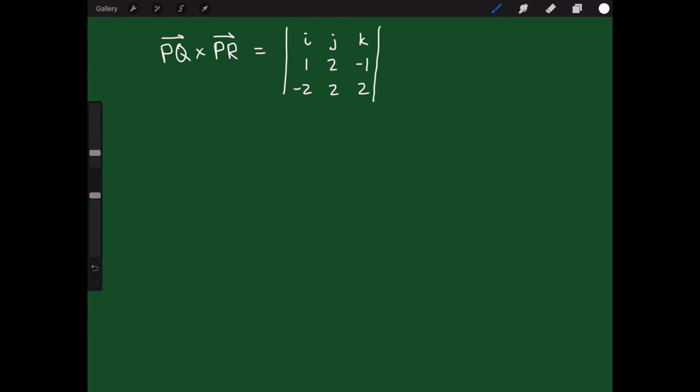So now let's cross those two vectors and see what we get. Again, I'm going to use the horseshoe method of calculating this determinant. I go this way and I get 4i. I go this way and I get 2j. I go this way and I get 2k.